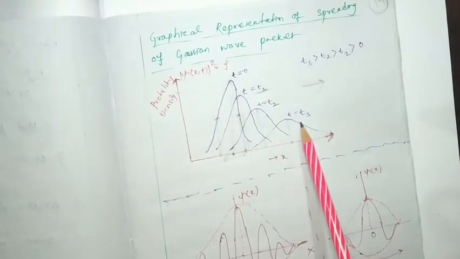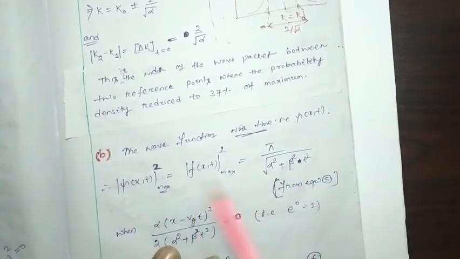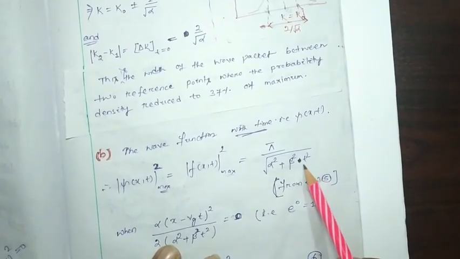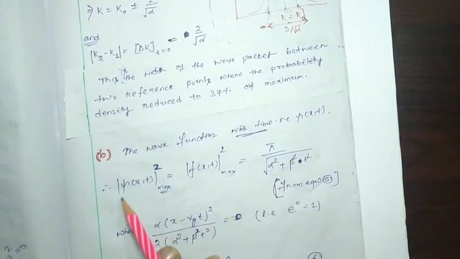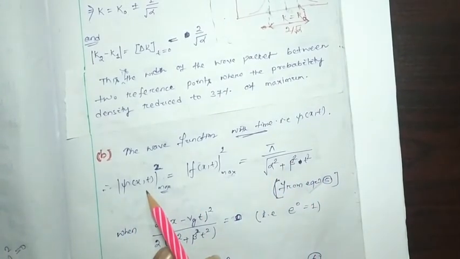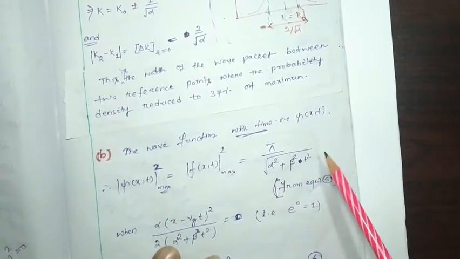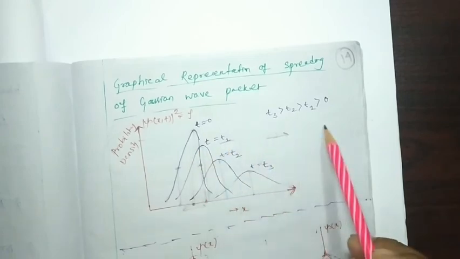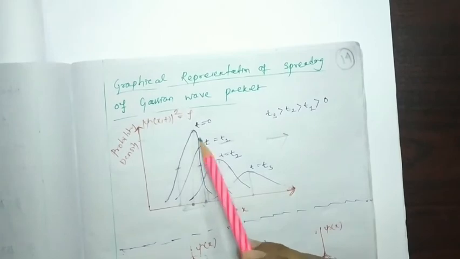It is gradually decreasing, and you can verify this from this equation. If t is increased, this whole value also decreases. That means the maximum probability density decreases as time increases, and the wave packet moves along the x-axis this way. So at time t1 the maximum probability decreases.